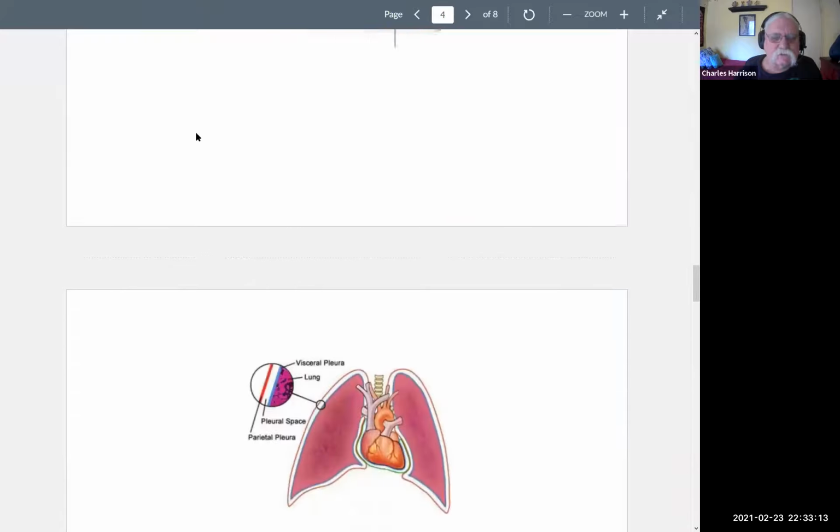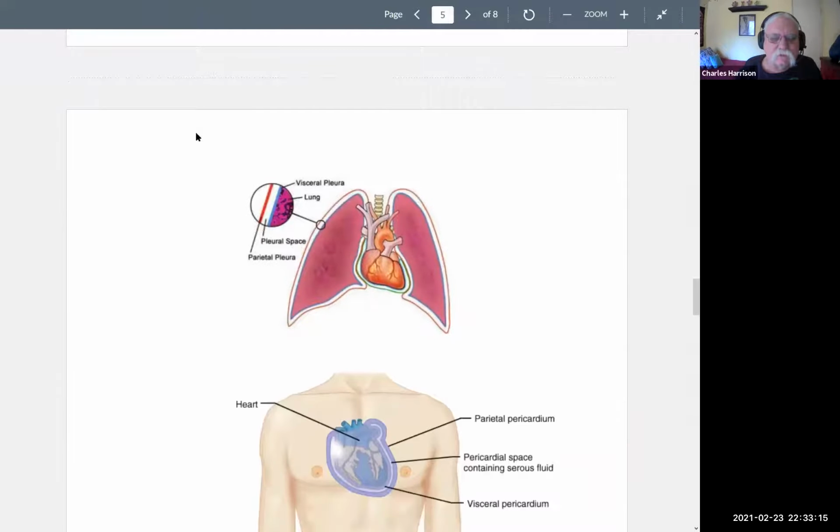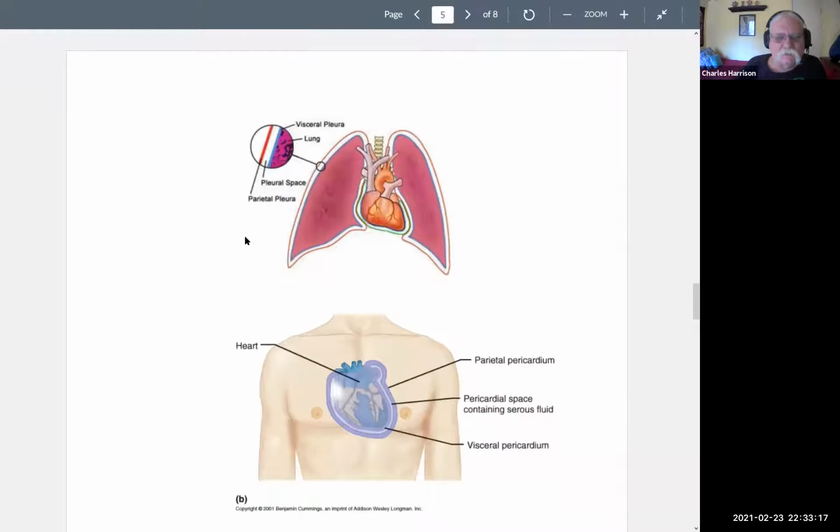Let me go down and see how you could look at these diagrams and understand it, I hope, better. Okay. The red surrounds the thoracic cavity on two sides. This is the parietal pleura.